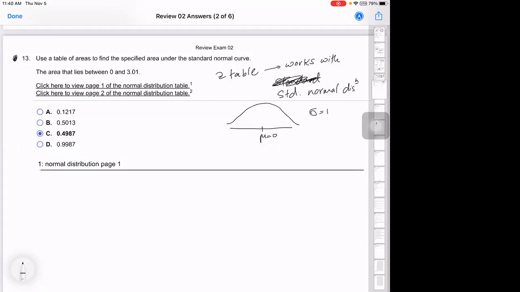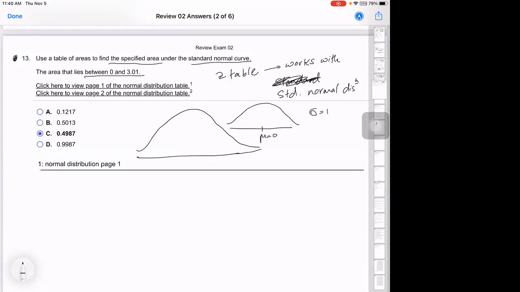In this question, find the specific area. We need to find the area under the standard normal curve. They are asking about the standard normal curve. So the question is the area that lies between 0 and 3.01.